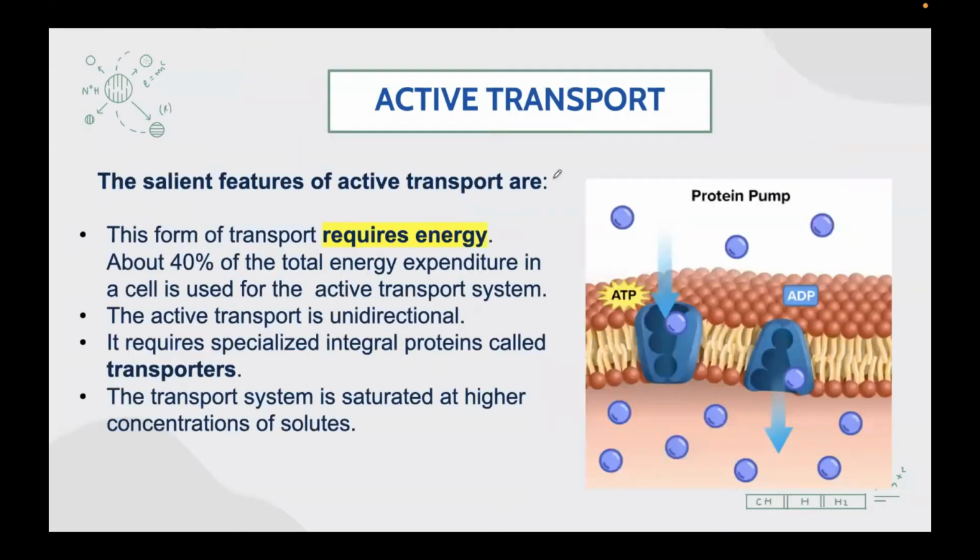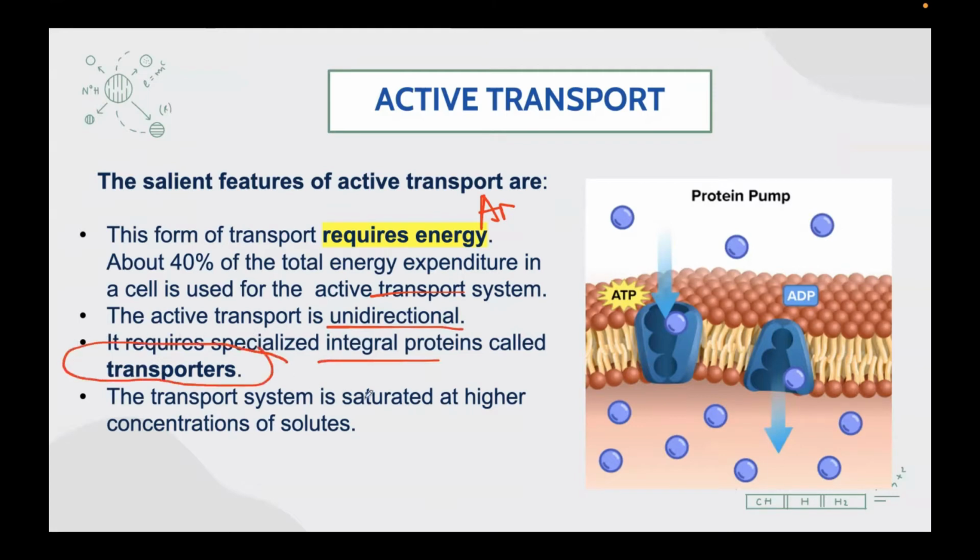Next is your active transport. The features of your active transport are, this form of transport requires energy. Okay, kailangan na po natin ng ATP dito. About 40% of the total energy expenditure in a cell is used for the active transport system. The active transport is unidirectional, and then it requires specialized integral proteins called your transporters.